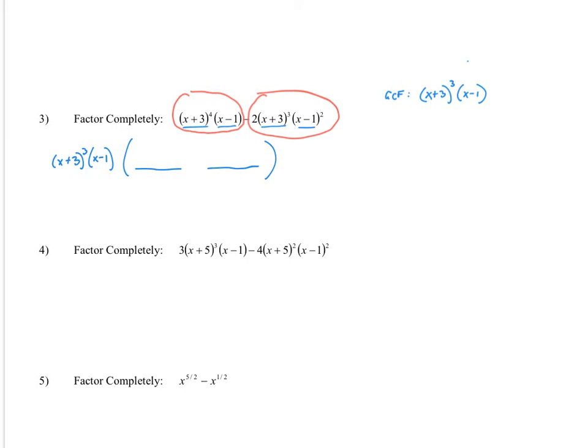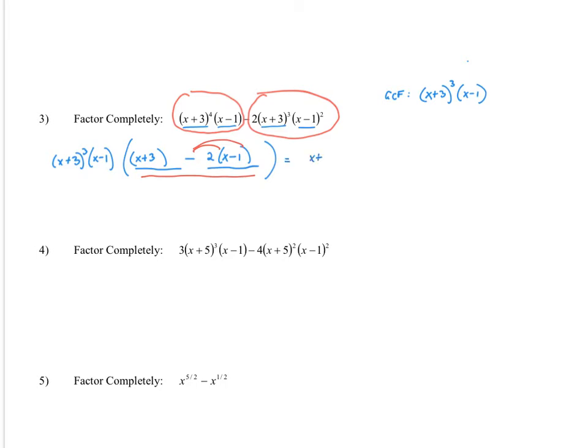In the first group, we're left with x plus 3 to the first, minus. In the second group, we're left with a 2, and we're left with x minus 1. Now, we should simplify what's left over. To do that, make sure we distribute the negative 2.